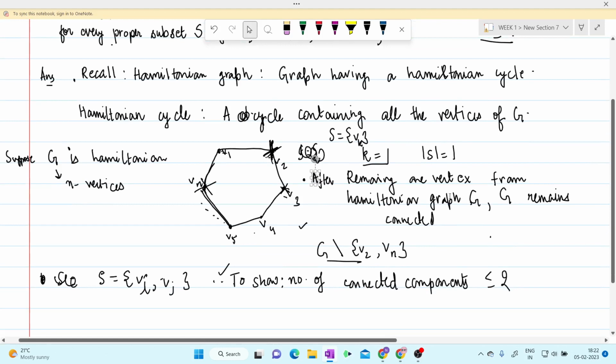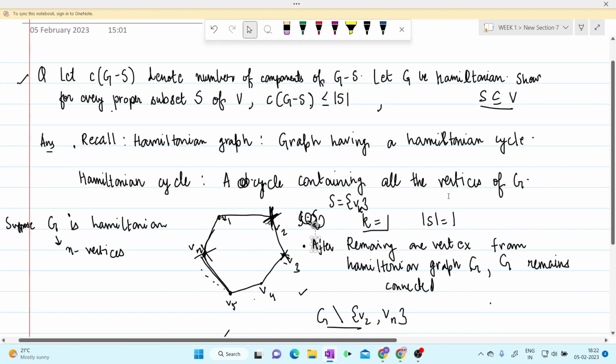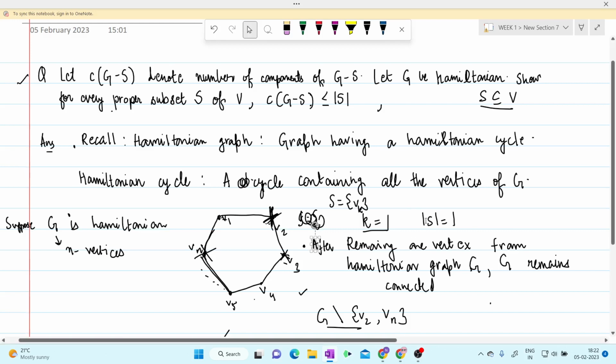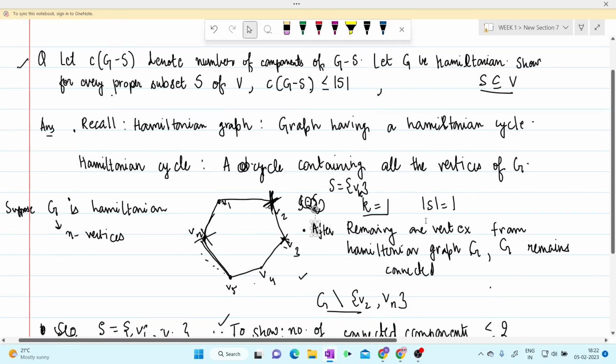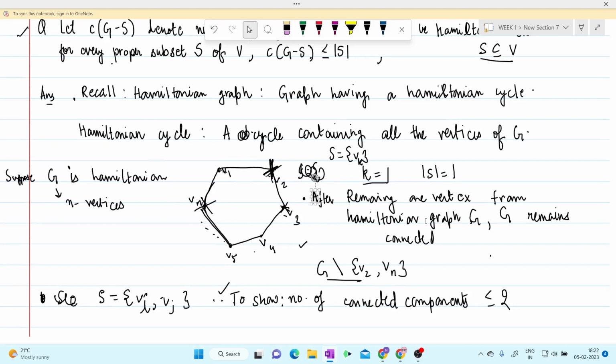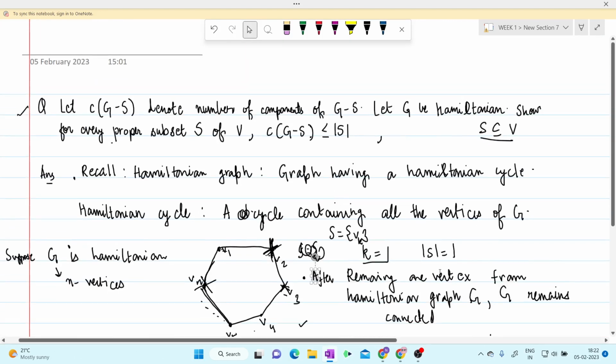I have shown it for one vertex and two vertices. Now try to prove that if you are removing k vertices, the number of connected components cannot exceed k. If you couldn't get the answer, we can discuss it in the next tutorial session. But it is a similar technique, so I want you all to try it yourself first.